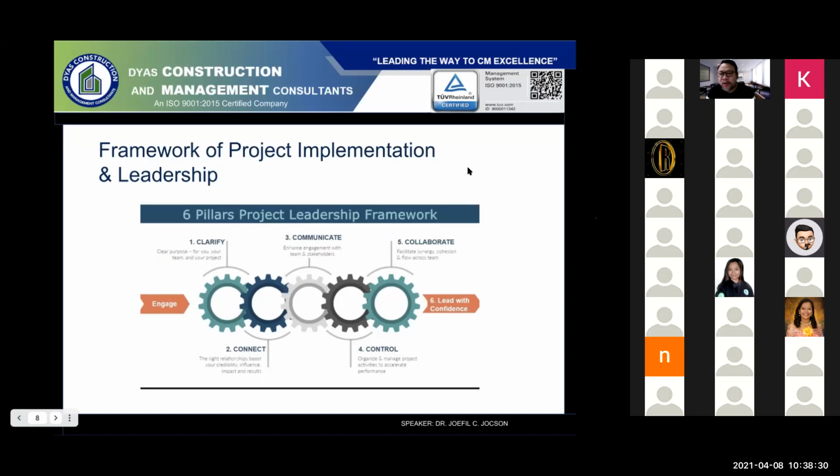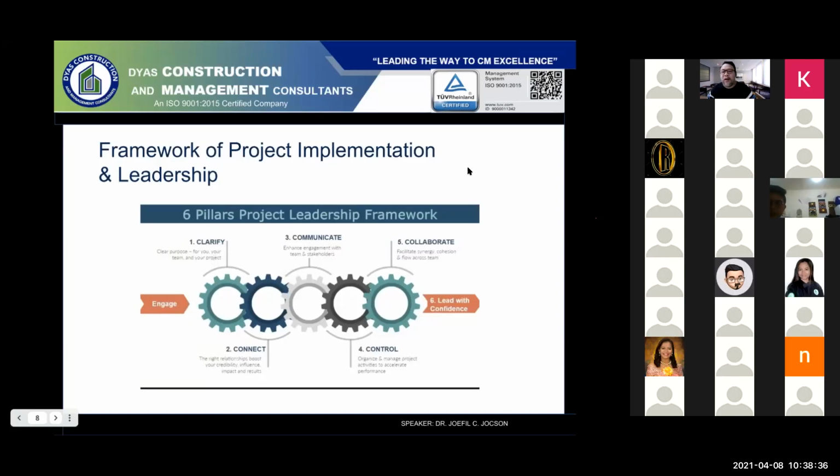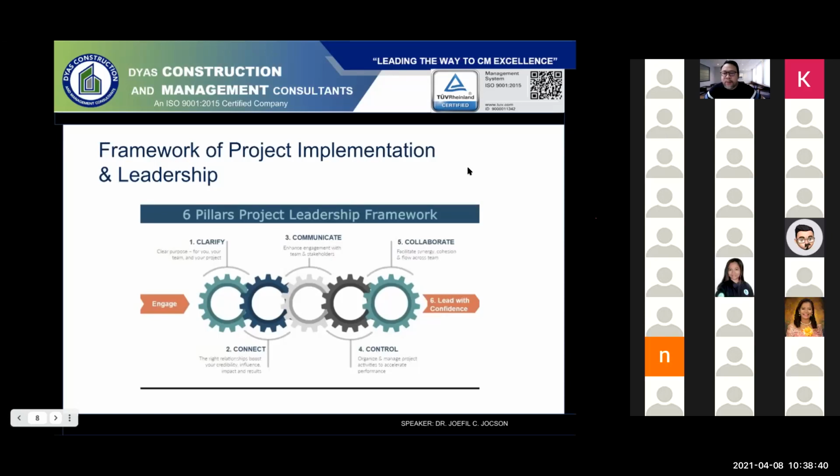There shall be a connection between the contractor, the CM, site CM, and the CMG. Tandaan natin, there will be a connection because we are one in the project. May objective tayo, may goal tayo na gusto nating i-achieve. So we must connect with each other as long as we are in the project.